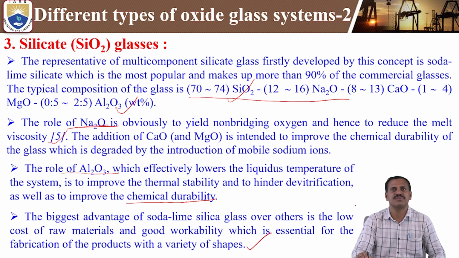So we can prepare and synthesize soda lime silicate glasses in different shapes: circle, square, rectangle, rod and plate types. This is a good advantage of soda lime silicate glasses in the case of silicate-based glass systems.